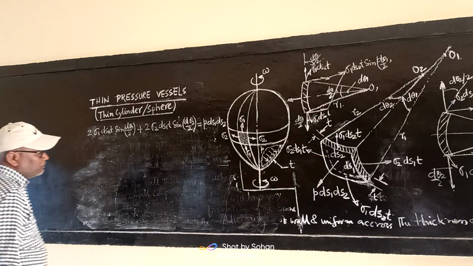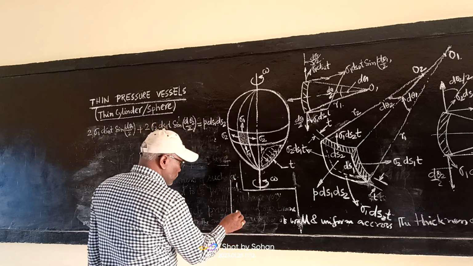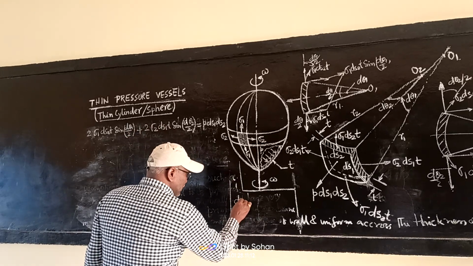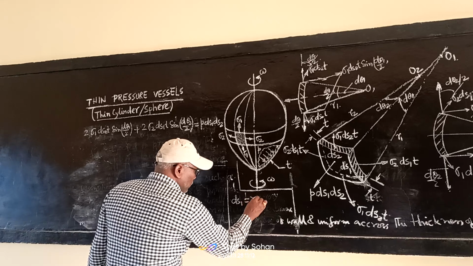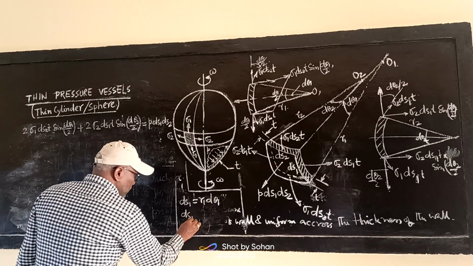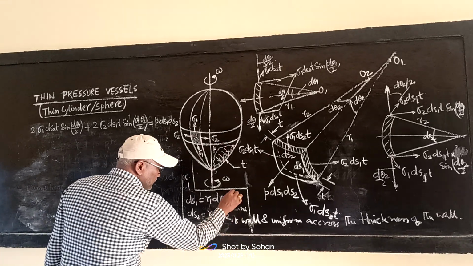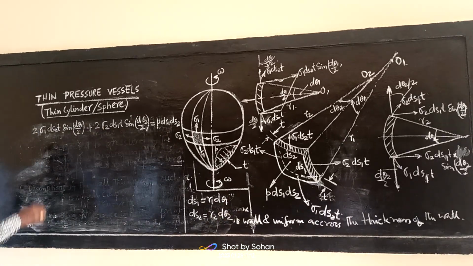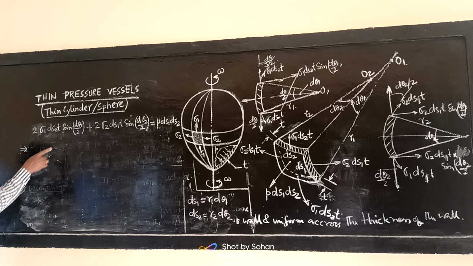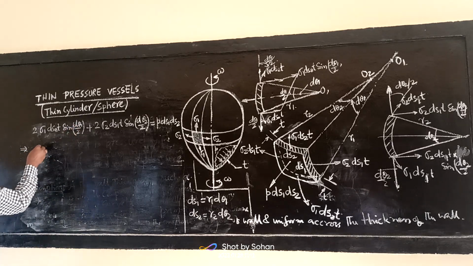Now from the principle of geometry we know ds1 is equal to r1 d theta 1 for the small case, and ds2 is equal to r2 d theta 2. Now for small angles we can write sin theta is equal to theta.